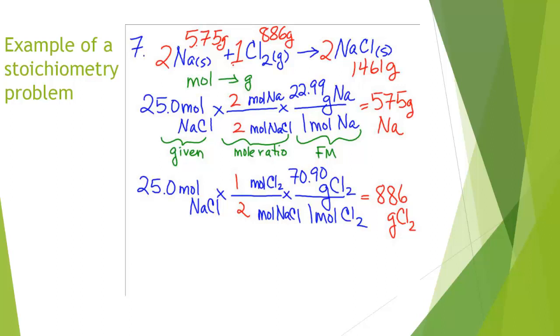You just find your moles and then multiply that by the mole ratio, and then you multiply by the molar mass of what you're trying to find, and that equals 575 grams. And then you do the same thing, but instead of using the mole ratio from your sodium to your sodium chloride, you do it from your chlorine to your sodium chloride, which is 1/2, and then you multiply that by your molar mass, and that gives you 886 grams of chlorine.